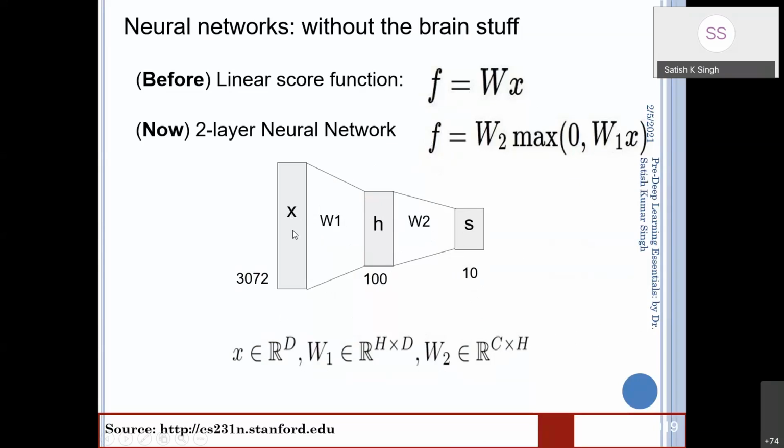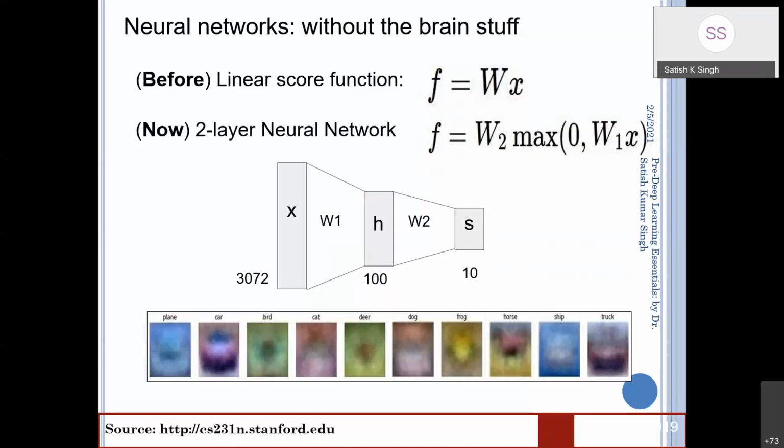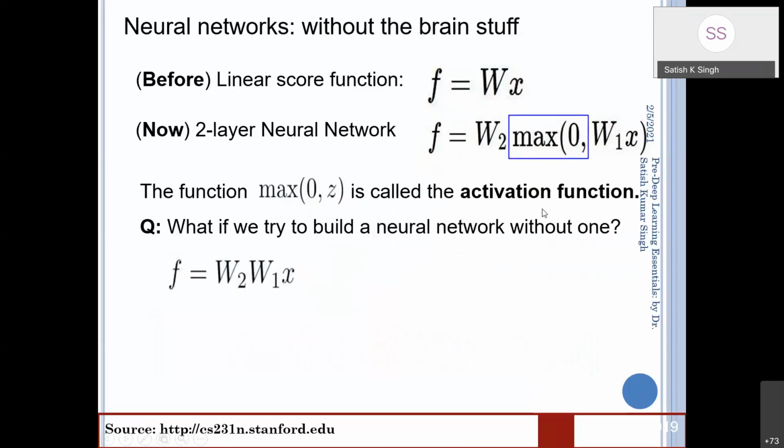It shows how we are converting a linear function into a non-linear function, or correlating the linear function with neural networks. So if we remove this non-linear function, is it possible to correlate?